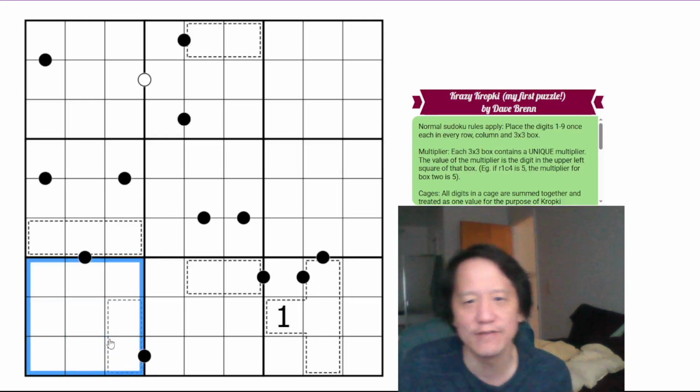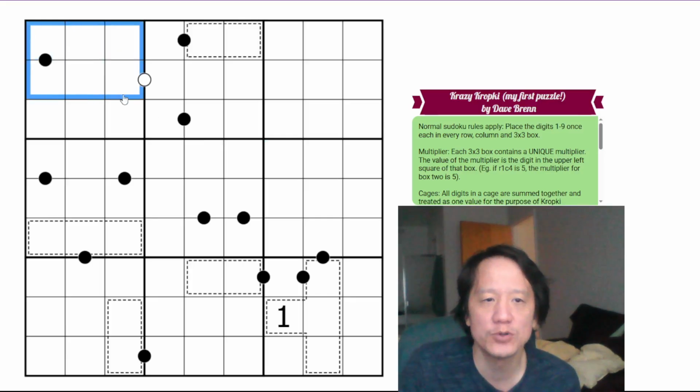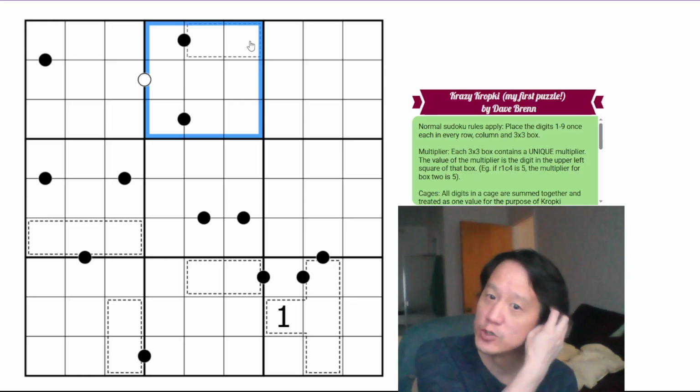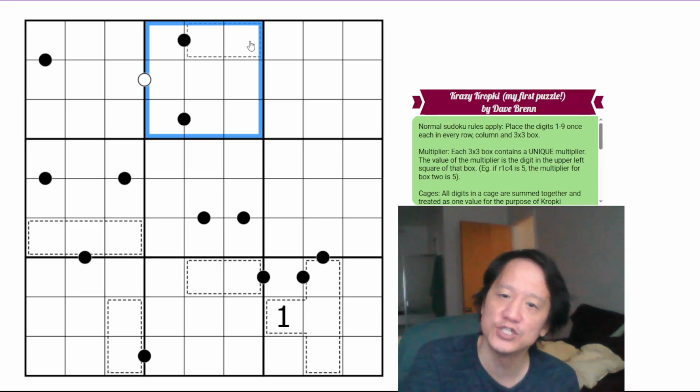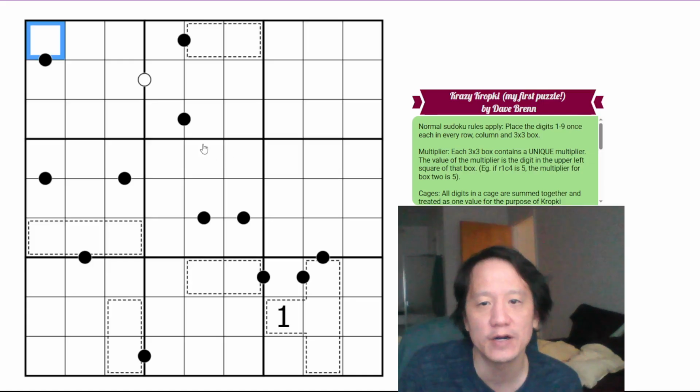We also have multipliers, where each 3 by 3 contains a unique multiplier. That means multipliers do not repeat within the 9 3 by 3 boxes. The value of the multiplier is the digit in the upper left square of that box.